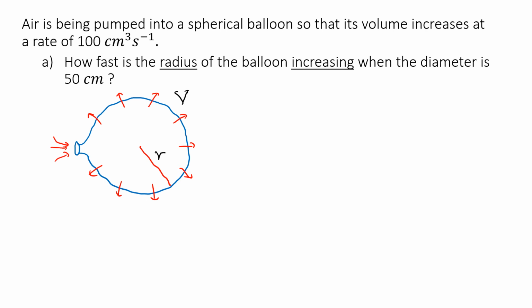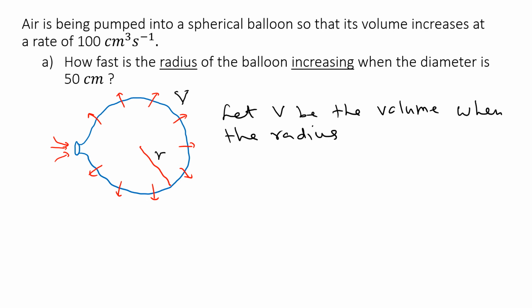So let's say let V be the volume when the radius is R. So that's the first step. So you're gonna name the variable. What variable you're gonna pick for this situation, and it's very clear that those are two variables that we're gonna pick. So we pick V for the volume and R for the radius.